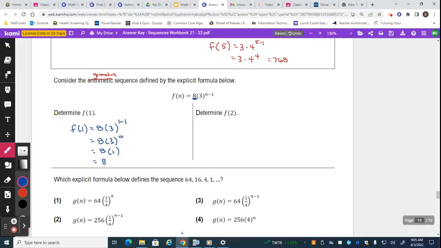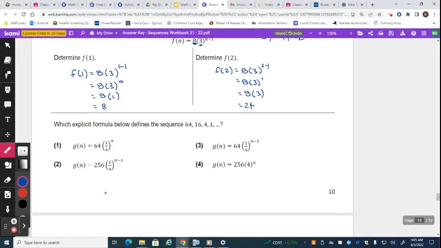That's our first term. f of 2, we get 3 to the first power, so 8 times 3 is 24. And that makes sense because our common ratio is 3, so our first term is 8, the next term is 24, multiplying by 3, 72, and so on.